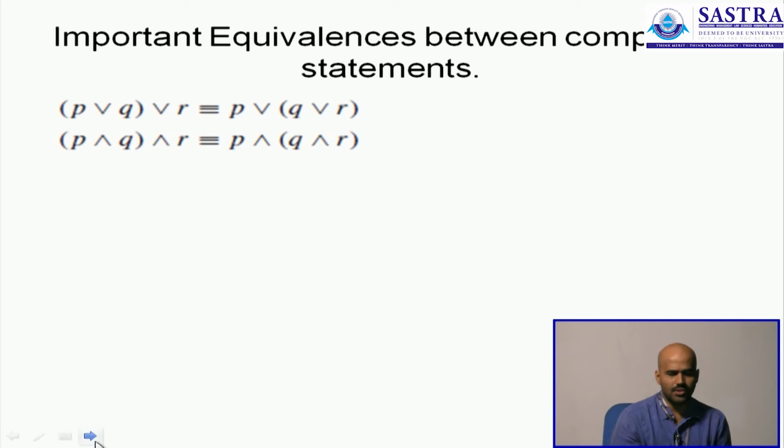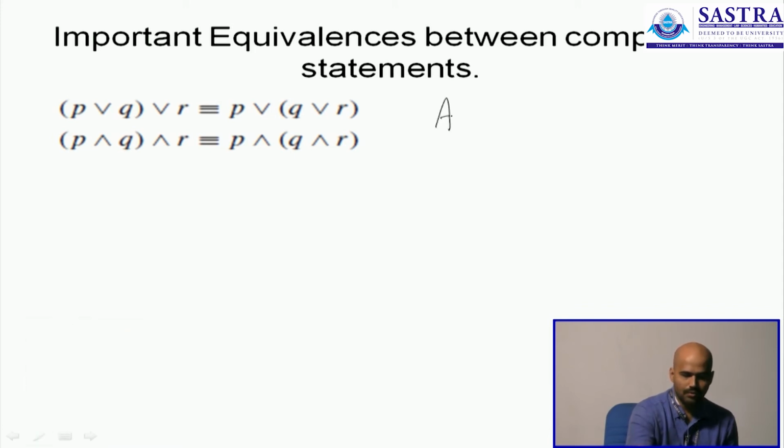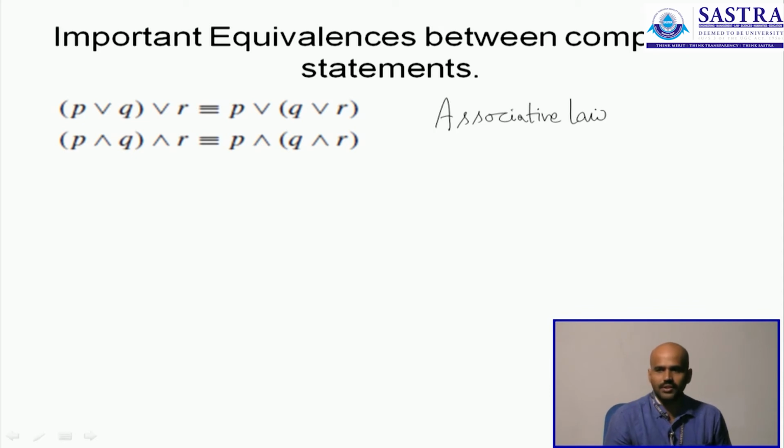Okay, this is what we just verified a couple of slides back, where you do the same operation across three different statements. There are three statements P, Q and R, and in each case you are combining them only using the same connective.